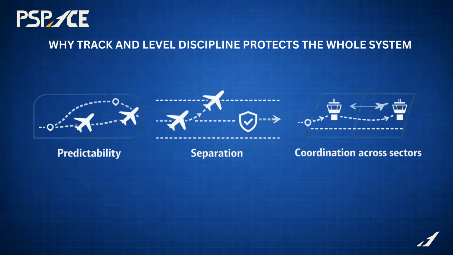It may alter separation assessments, force replanning for following or crossing traffic, and complicate coordination between adjacent units. This is why commander discipline matters even when the aircraft itself appears stable. Operationally, staying where ATS expects the aircraft to be is part of how the flight protects not only its own safety, but also the safety and orderliness of the wider traffic environment.